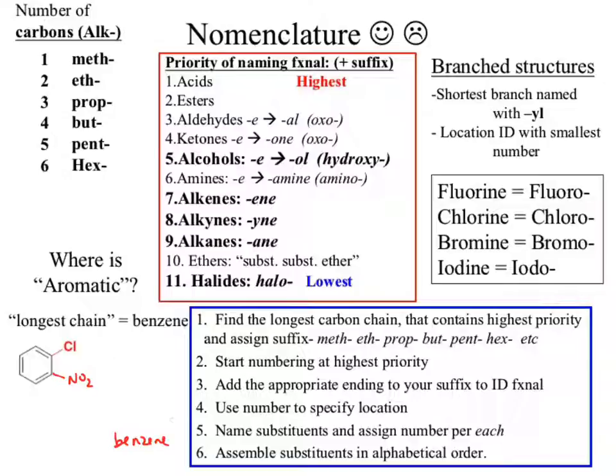What are our substituents? Why did you not say the other way around? 2-nitrochlorobenzene. For the halide, it's on all those. It has to be in alphabetical order.